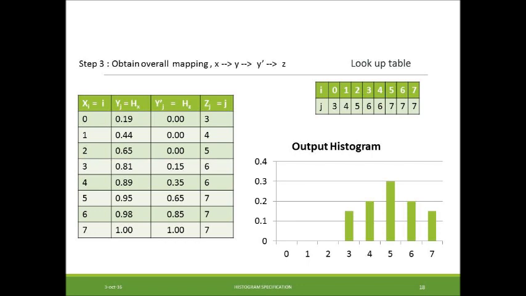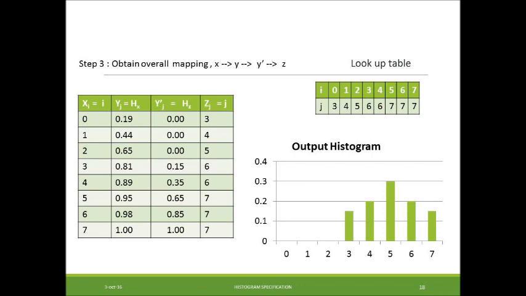Now let's take i equal to 3. Corresponding Hx value is 0.81. Now searching for the closest value in Hz, we have 0.85. So the corresponding intensity is 6. So we can say that for i equal to 3, the mapping is j equal to 6.